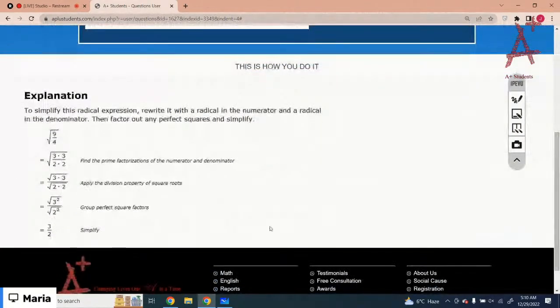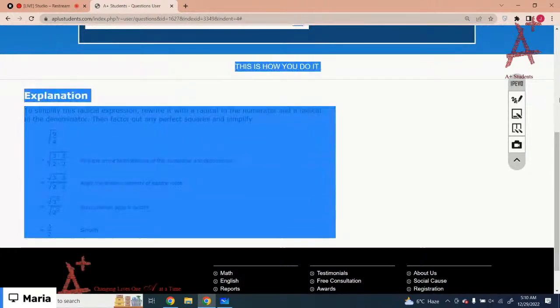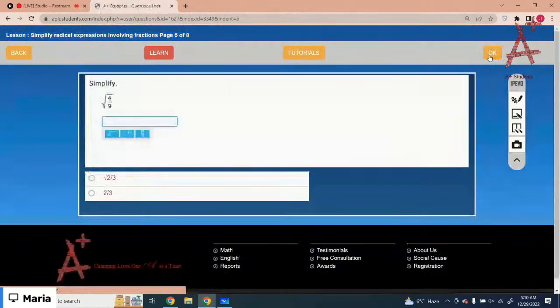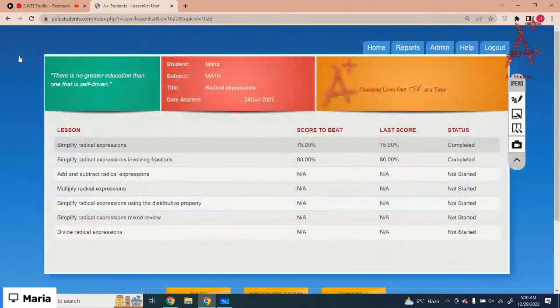Let me see how it is. 9 by 2. Got it? So that would be the wrong option given. So okay, got it. You can complete the test by yourself later today. Let me just move on to the next lesson.